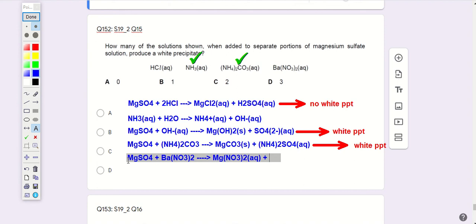And barium sulfate. Barium sulfate is not soluble in water, so you will observe this barium sulfate as a white precipitate. So again, another solution that gives you a white precipitate.